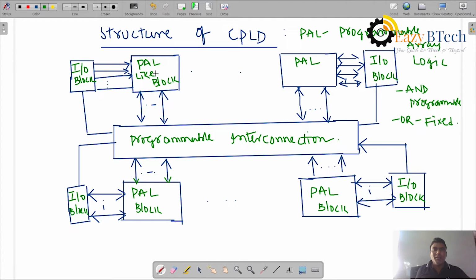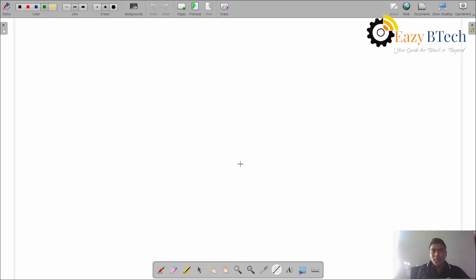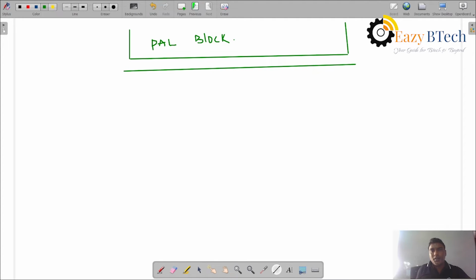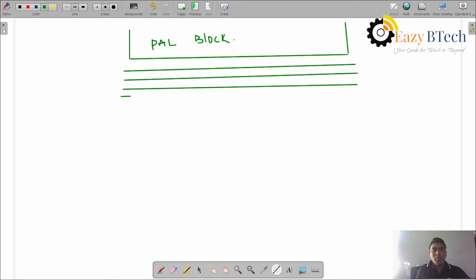Let us see one structure of a PAL block. This is a PAL block, using the programmable interconnections from the IO input and output.